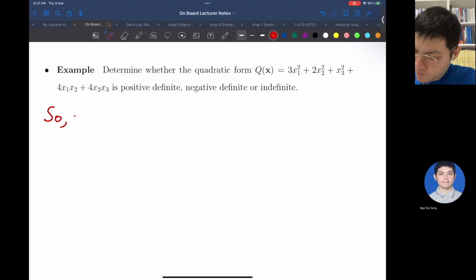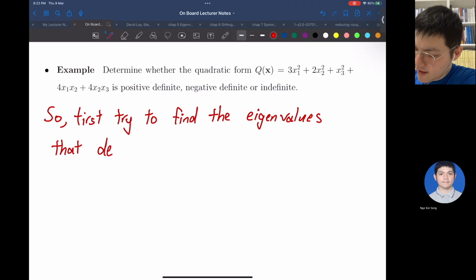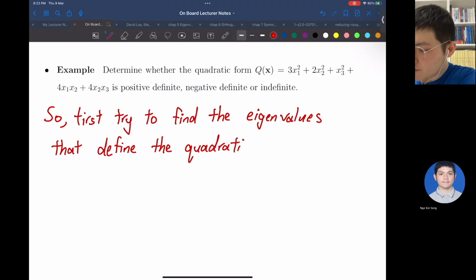Okay, so first try to find the eigenvalues that define the quadratic form. What do I mean by that? Because the quadratic form is defined using a symmetric matrix. Okay, so what's the symmetric matrix we are looking for here?